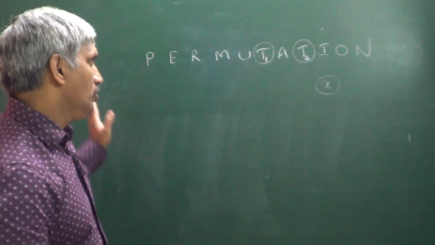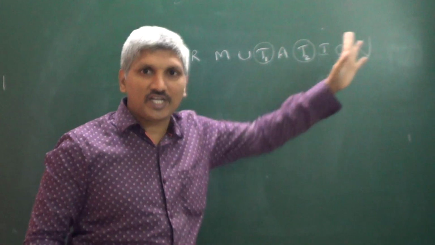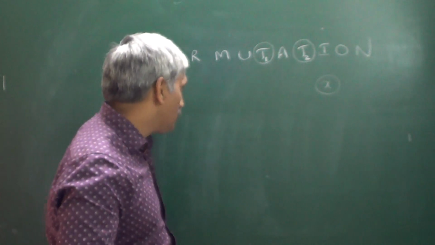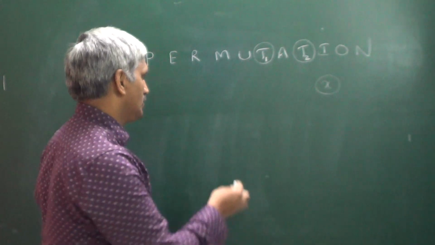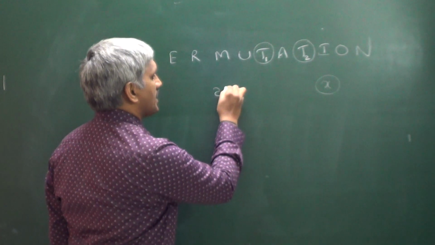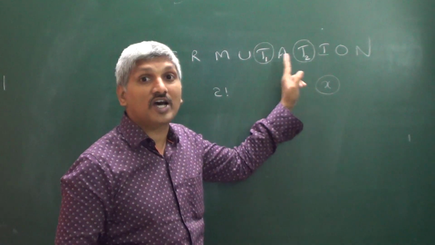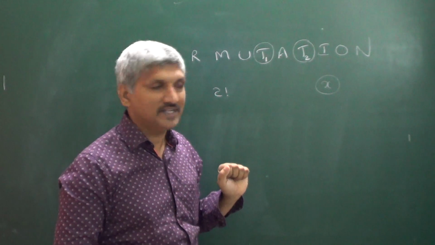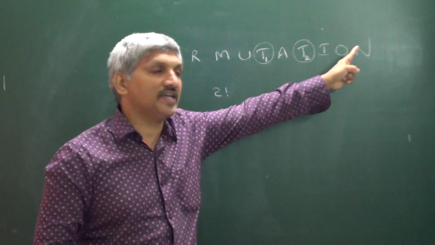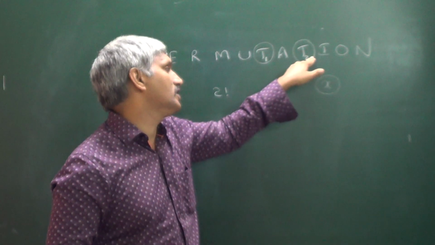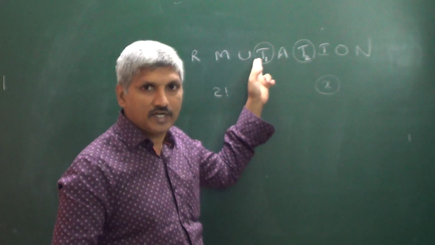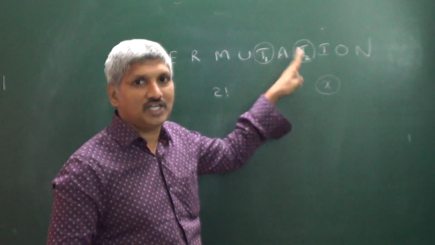Now, this one arrangement gives us 2 factorial arrangements when these 2 different letters are interchanged. T1 is kept here, T2 is kept here, and T1 and T2 are interchanged.